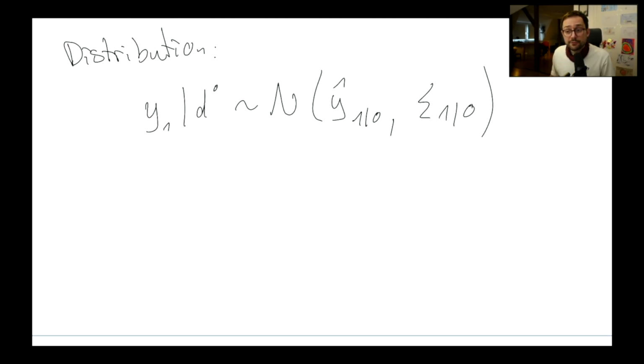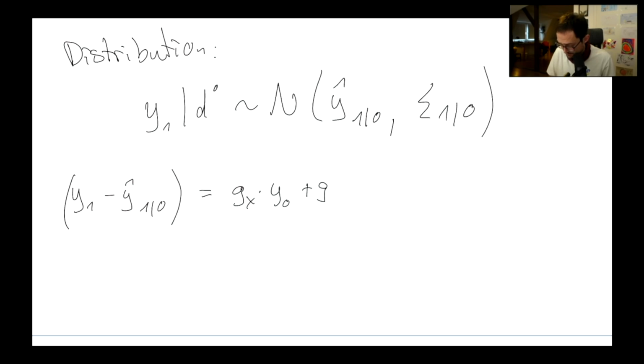And we're going to do this from the state forecast error. So we need to first come up with a representation of the state forecast error. Let's plug in Gx times y0 plus Gu times u1 minus y hat 1 given 0.